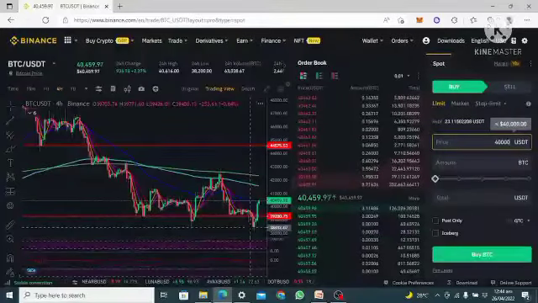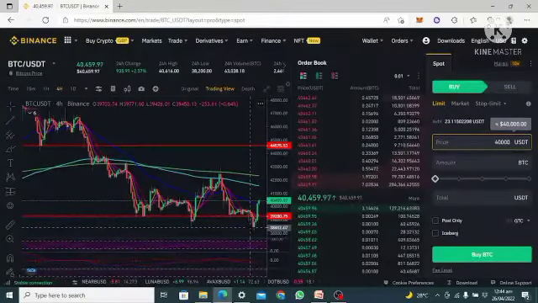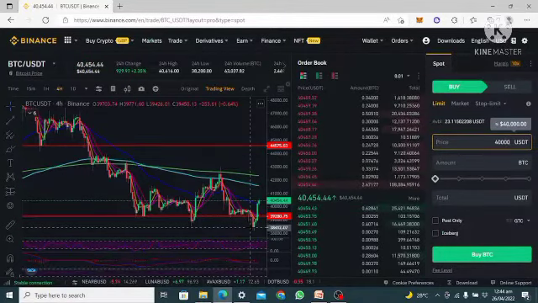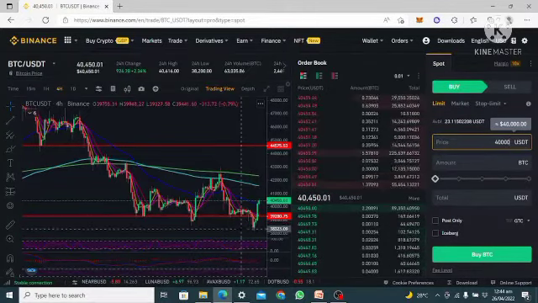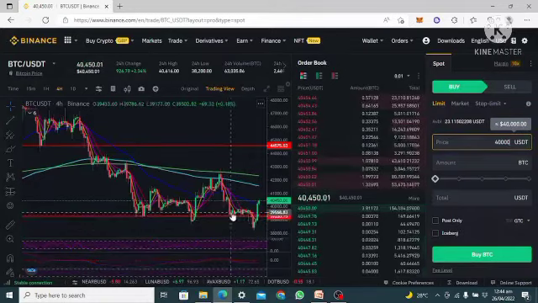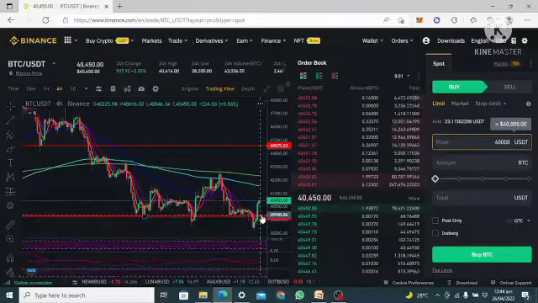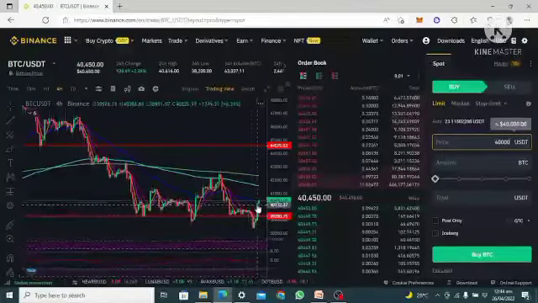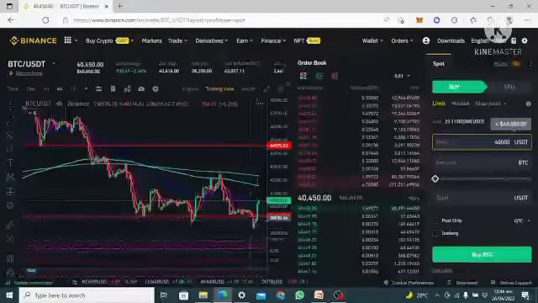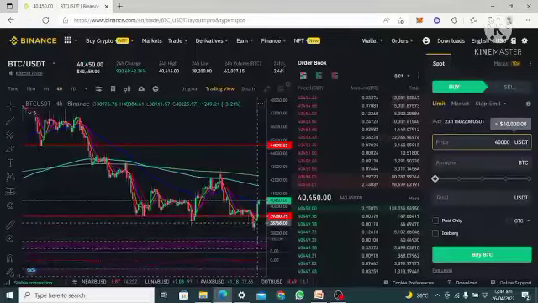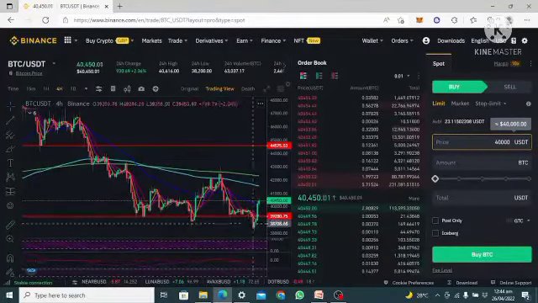That is why you have to do technical analysis first. In every trade you want to take, you must do your technical analysis first. It is very important, so that you know where the market is going. Because if I buy at this price now, what will happen if the price goes down? I'm going to lose some money. So after my technical analysis, that's where I know where to place my trade.